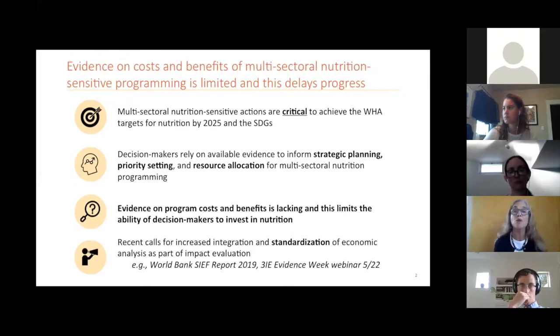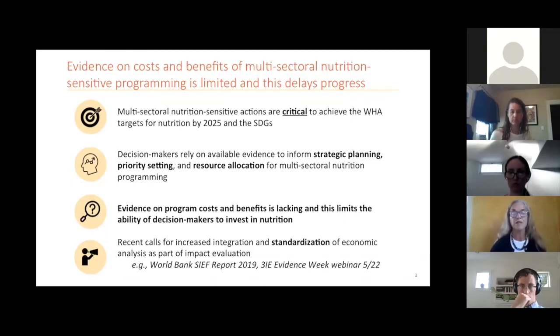We have a growing body of evidence for nutrition-specific interventions as recommended by the Lancet series, but there's really limited information on multisectoral and integrated approaches. And in what's available, critical interventions are missing.